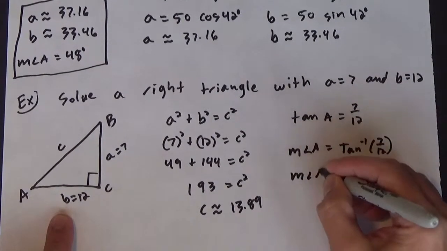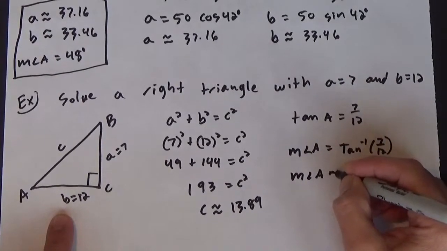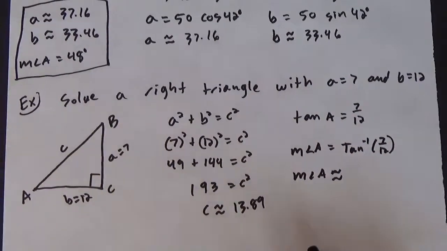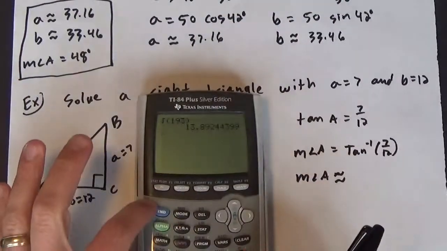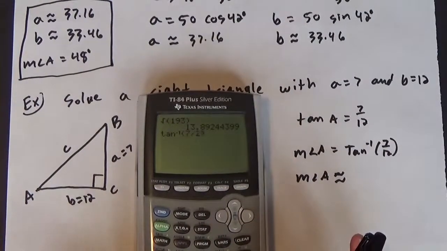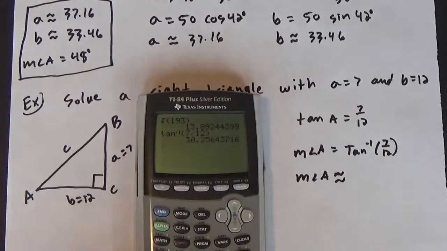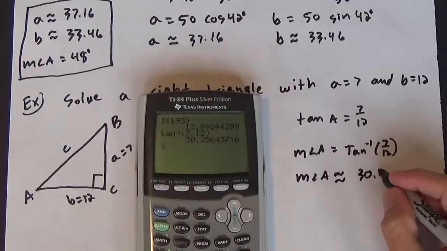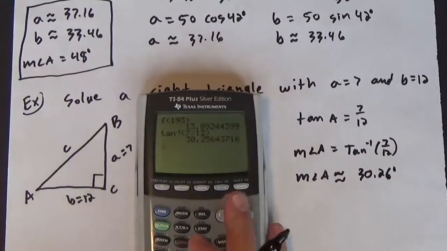So the measure of angle A is going to be approximately the inverse tangent of 7 divided by 12, which is 30.26 degrees. Good.